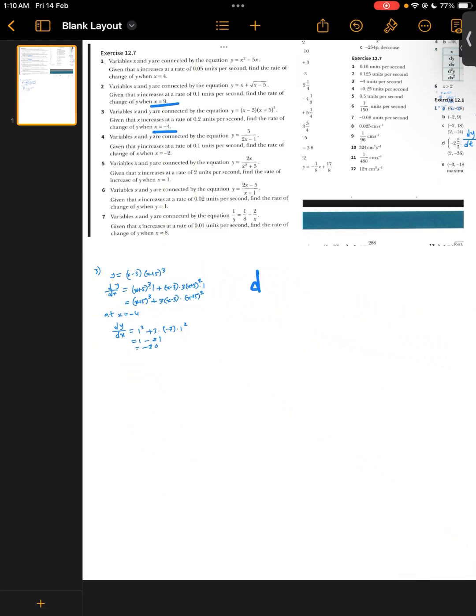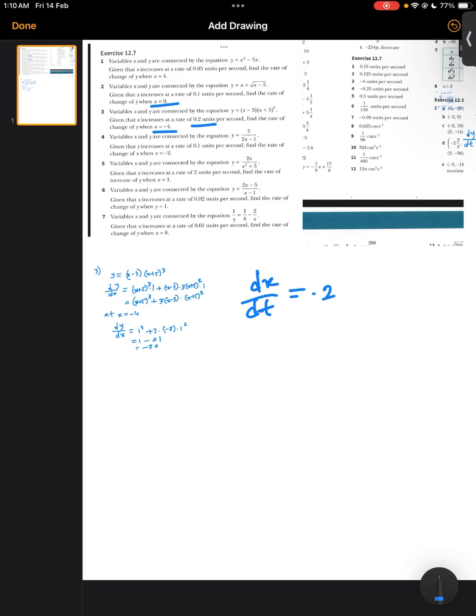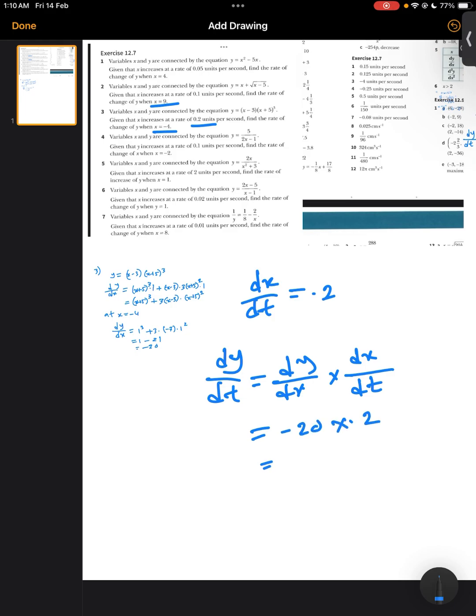Now the change of x according to t, 0.2. Then change of y according to t is the change of y according to x times the change of x according to t, minus 20 times 0.2, 40, right?